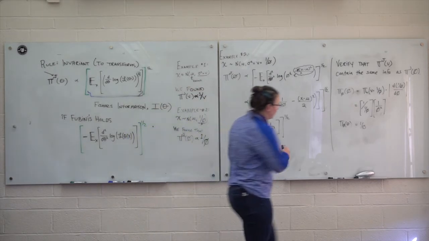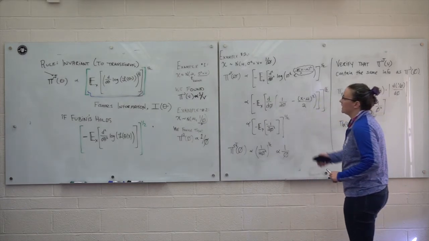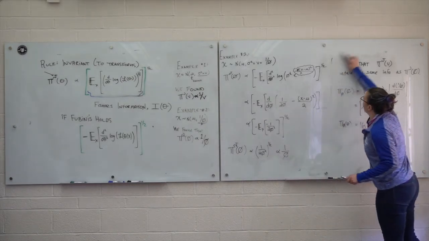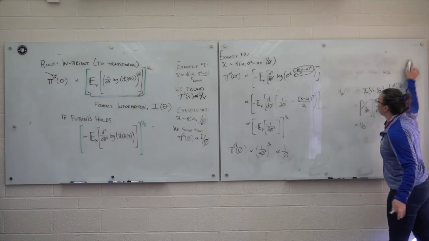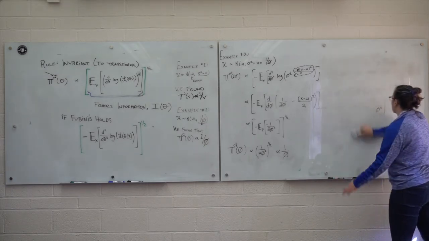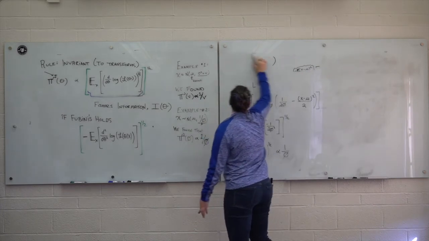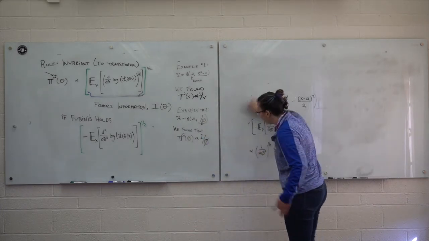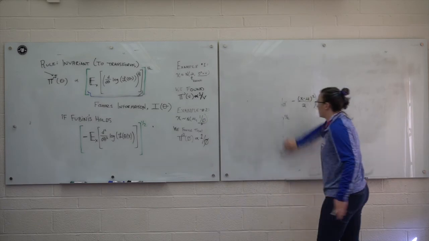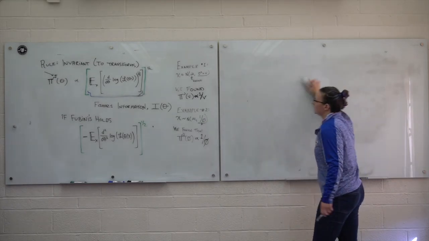So last example, and a pretty quick one, is we've done the Jeffreys prior for our variance and for our precision, verified that if we use Jeffreys priors, we're going to be talking about the same distribution.